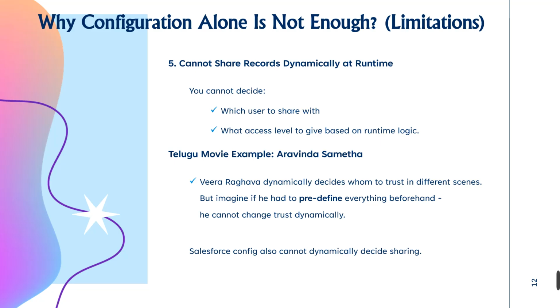Sharing rules must be fixed. If you want to change the sharing based on a condition, then we have to use Apex code. Remember this. I hope you get the point, and that's all in this video. Thank you.